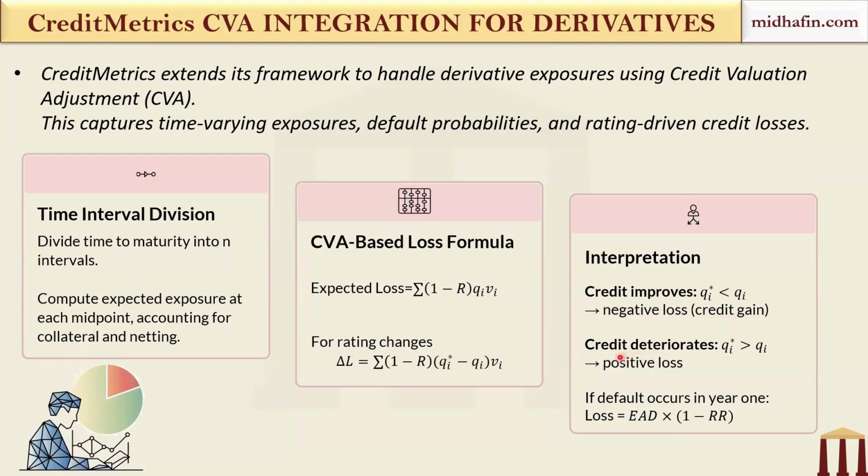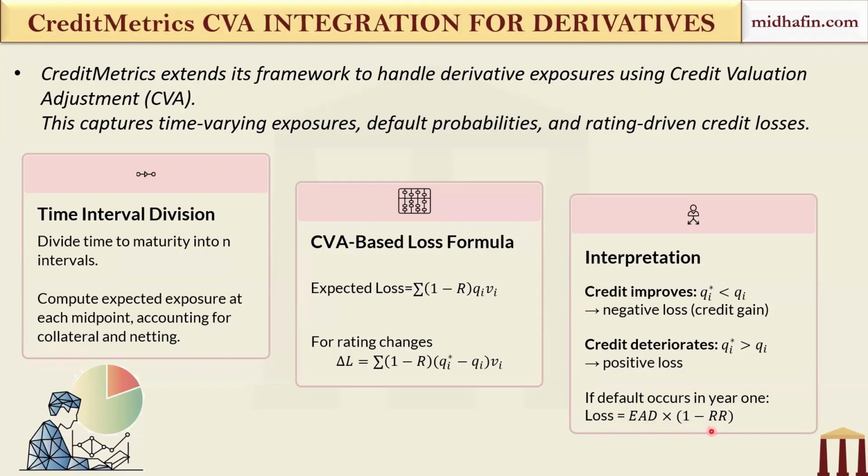But if the rating deteriorates, then Qi star is expected to exceed Qi, which will lead to a positive credit loss. Okay. And if an actual default occurs during year one, we directly calculate the loss as EAD multiplied by 1 minus the recovery rate.